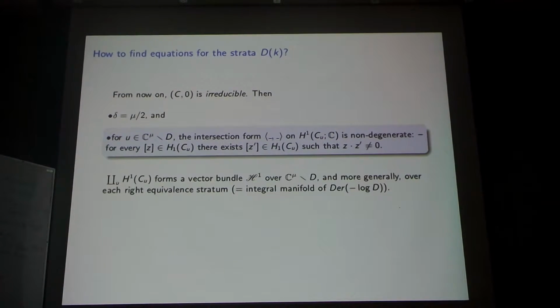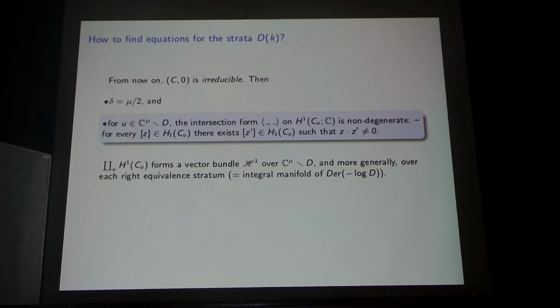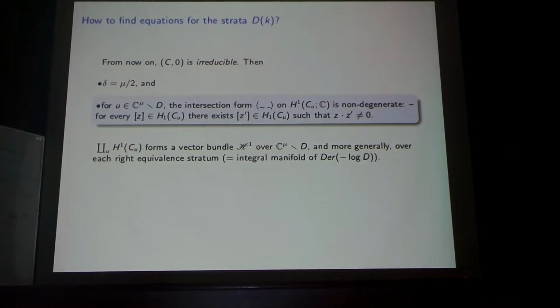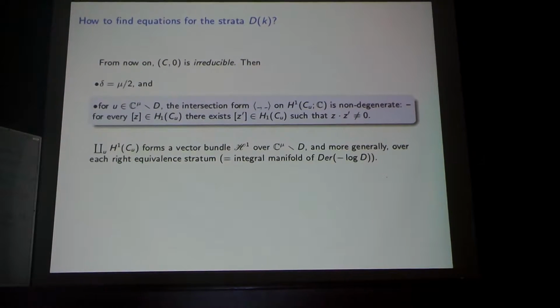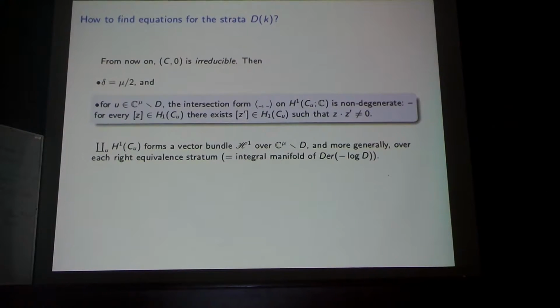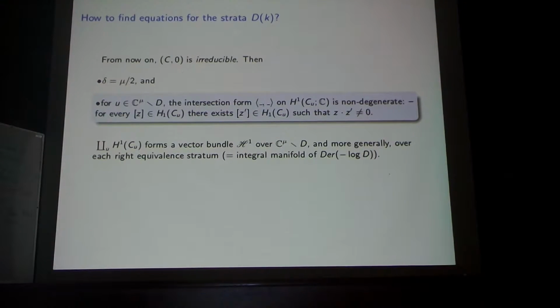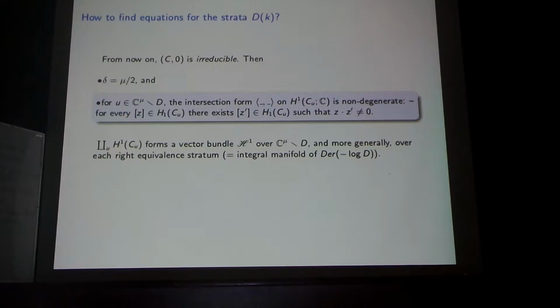Okay. So, to continue, the cohomology can be all glued together to form a vector bundle of rank mu over the complement of the discriminant. And in fact, one also gets a vector bundle of lower rank over the strata of constant singularity type, the right equivalent strata, which I should mention are the same thing as integral manifolds of the distribution of logarithmic derivations, Der minus log of p.